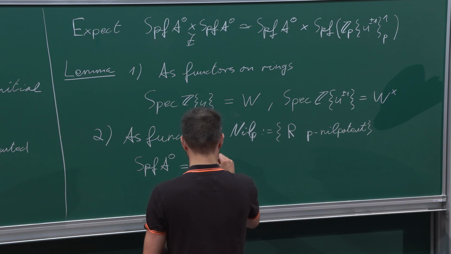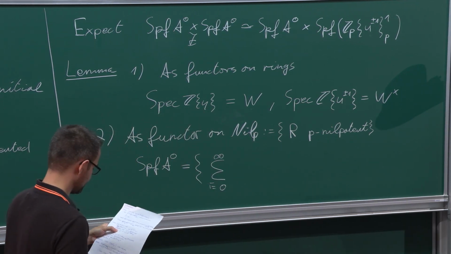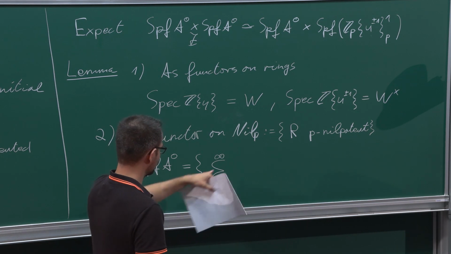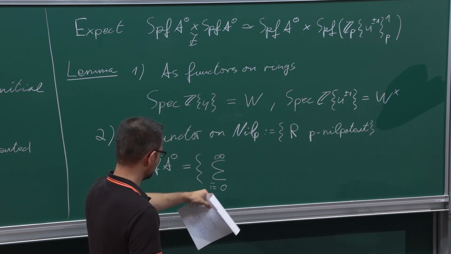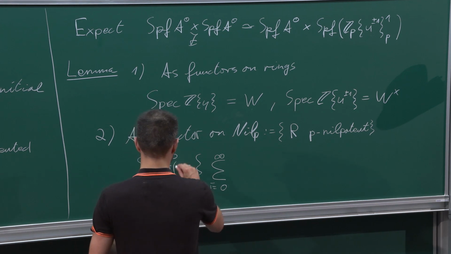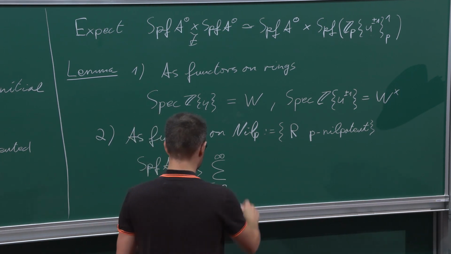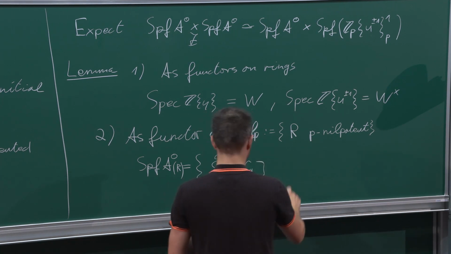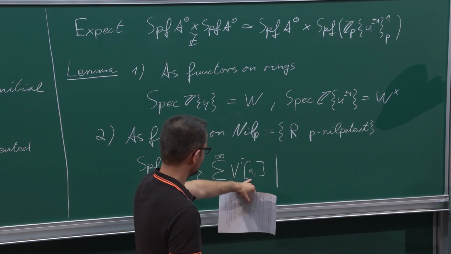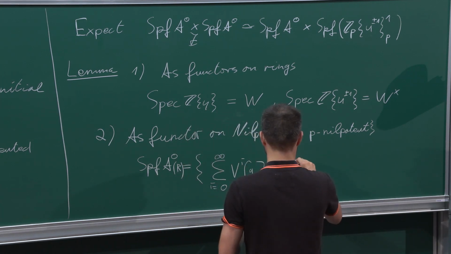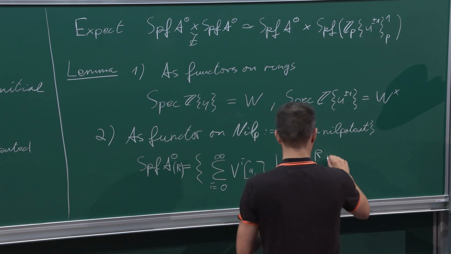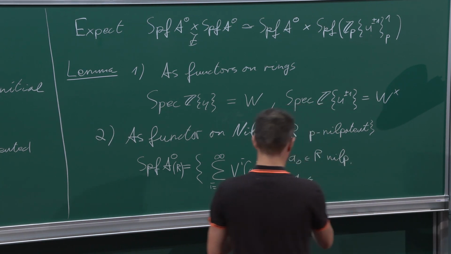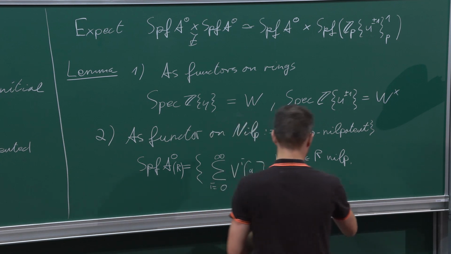So it's a functor which associates to some ring R the following set, namely all the elements in the p-typical Witt vectors of R, such that the first coordinate a0 in R is nilpotent, and the element a1 is a unit.